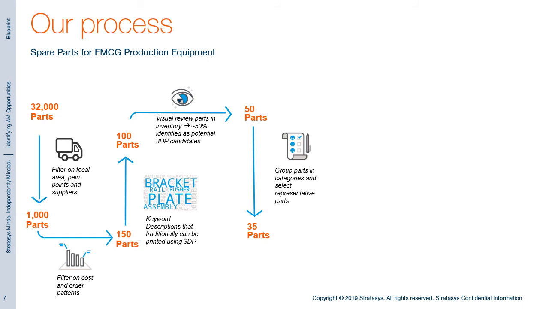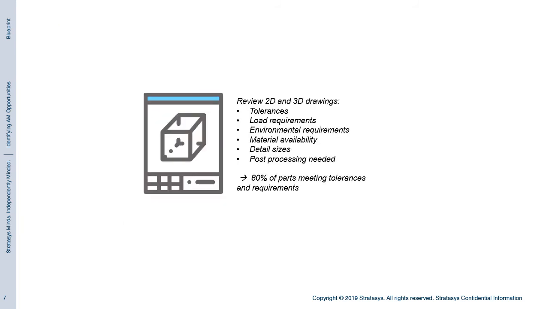After we looked at all the parts, we created 35 different categories. For each of those categories, we kept one representative part that we can do a deep 3D printability analysis on. In this step, that's where the collaboration with the client is the most important. Here, we get all the 2D and 3D drawings to get all the different requirements for the part.